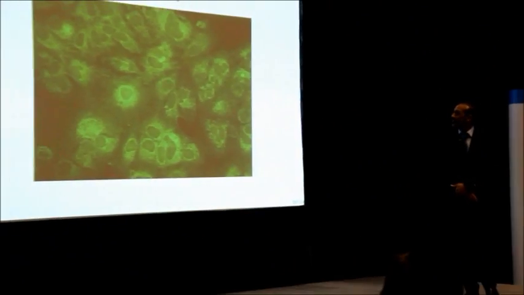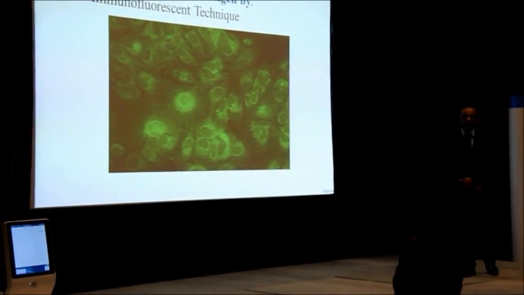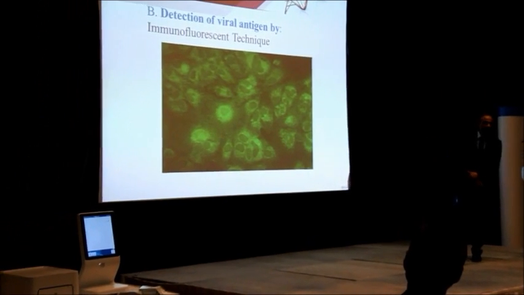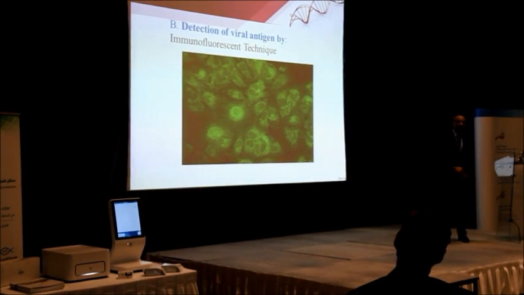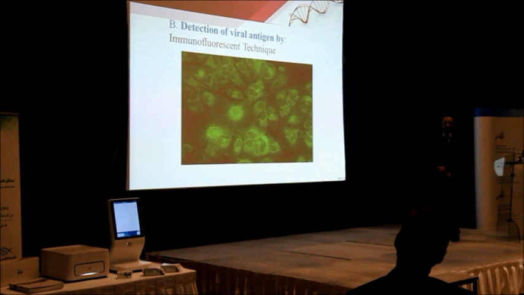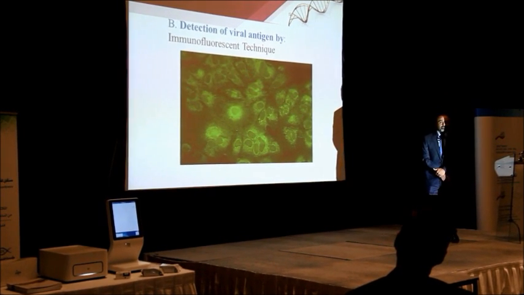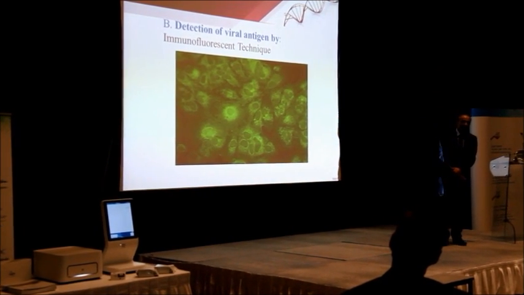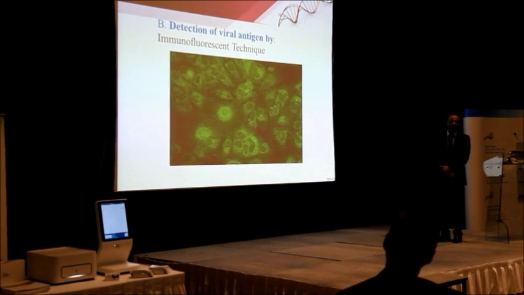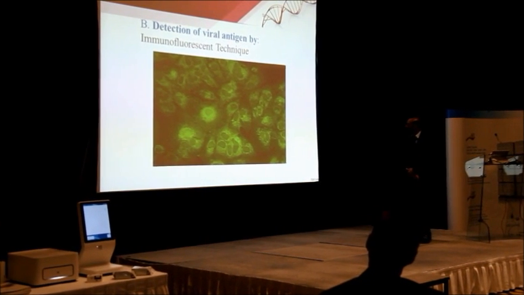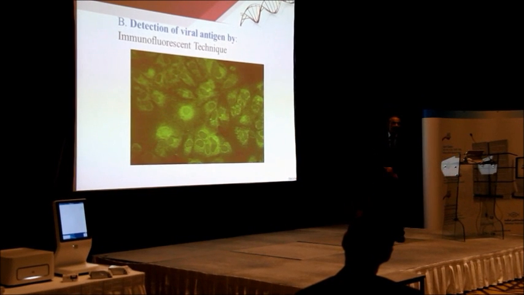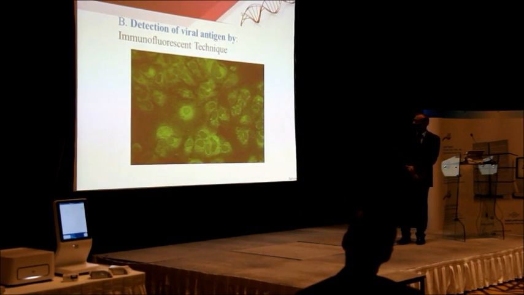Then detection of the viral antigen by immunofluorescence. This is my own work. I used hepatoma cell lines transfected with the replicon for hepatitis C, and stained with a monoclonal antibody against NS3, which is one of the proteins of hepatitis C virus.